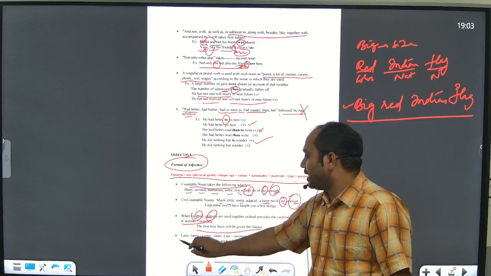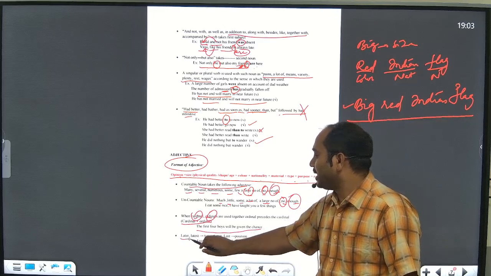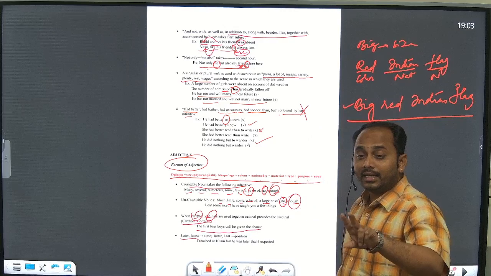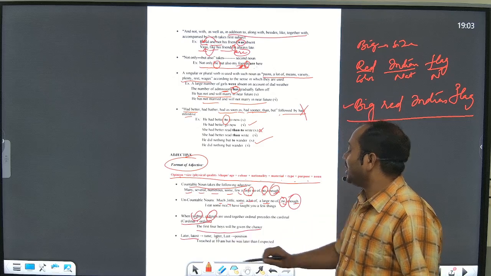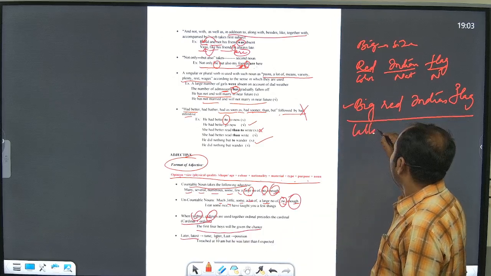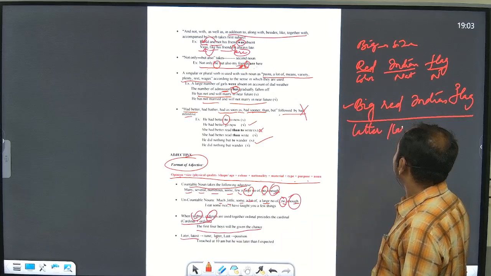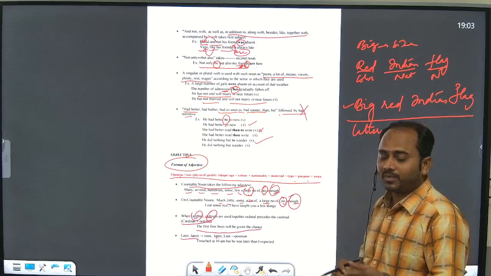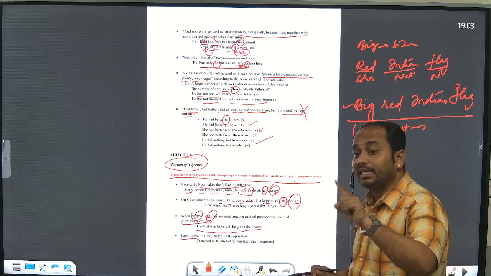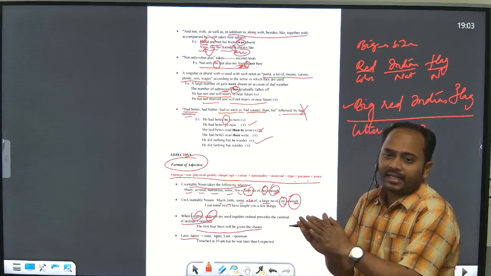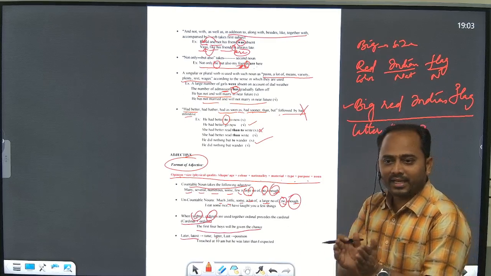And next there are some adjectives, later and latest. Later, latest indicate the time. Latter, L-A-T-T-E-R, and last indicate the position. L-A-T-E-R, later, and L-A-T-E-S-T, latest, indicate the time.